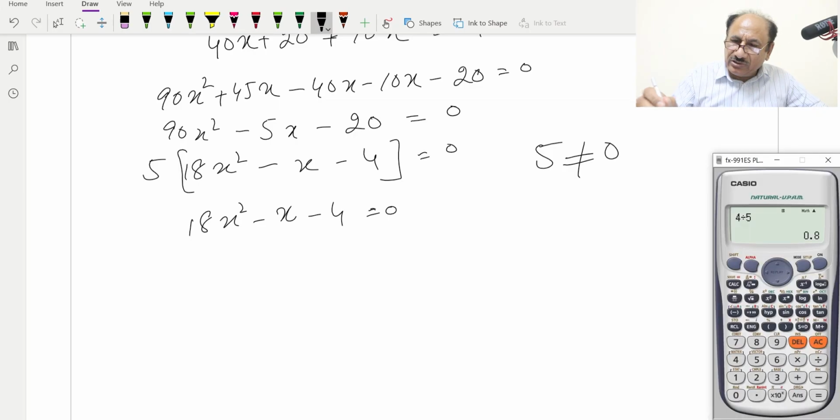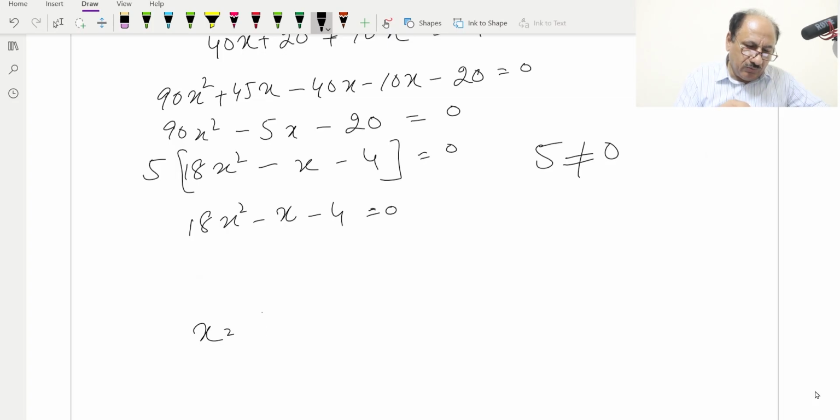Now the simplest way of solving quadratic equations, you can use mode 5 3, and coefficient of x squared is 18, coefficient of x is minus 1, and the constant value is minus 4, and this will give 1 by 2 and minus 4 by 9.